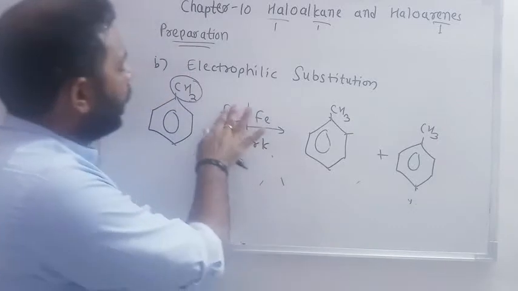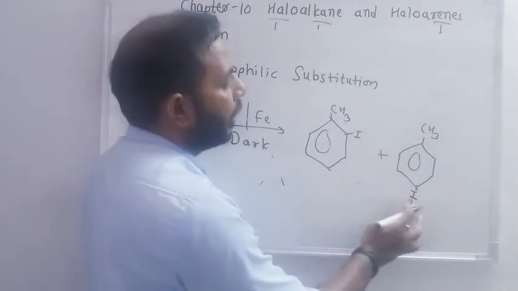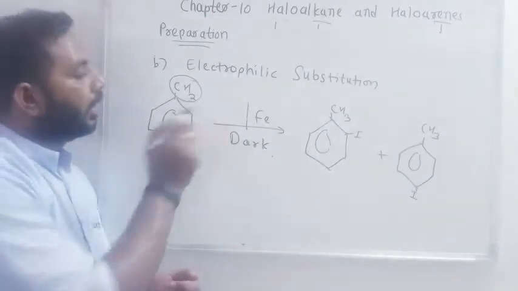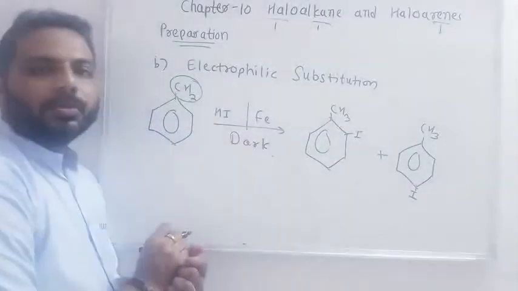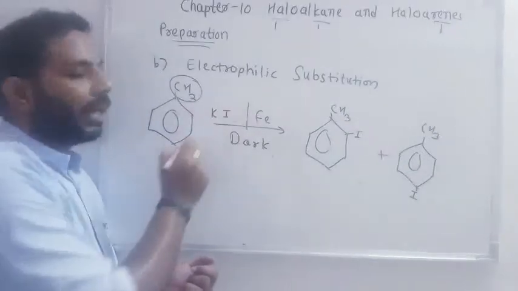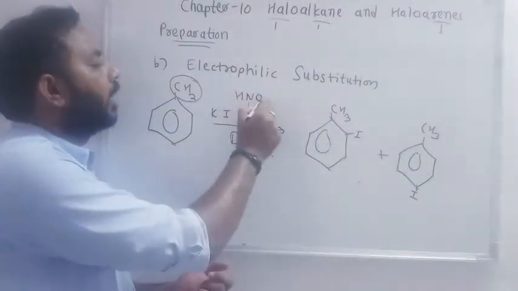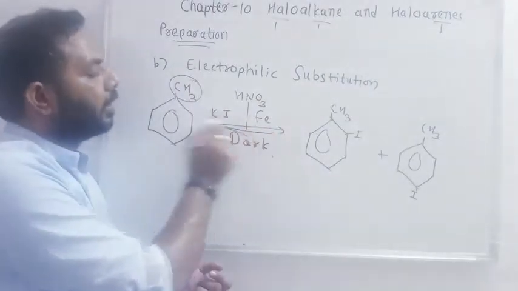But if we want to get iodine-containing products, then in this reaction HI should be used, or we can use KI, potassium iodide. KI can be used, but in presence of an oxidizing agent, HNO3, because the reaction with KI is reversible.